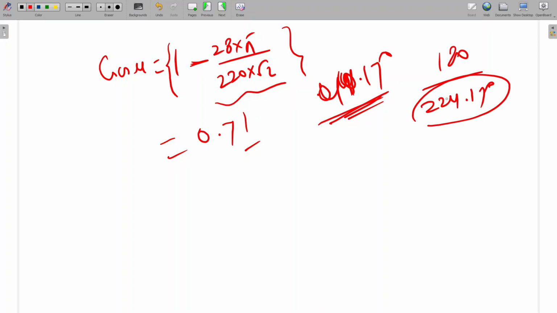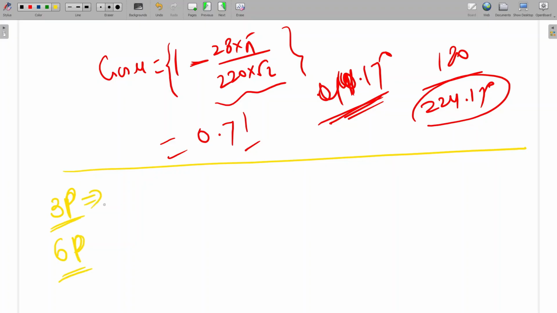Okay. So some other kind of analysis I have also done, as questions may be framed based on that. So 3 pulse converter and 6 pulse converter, normal operation.